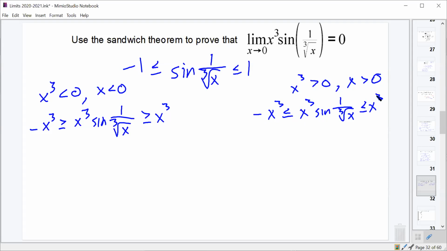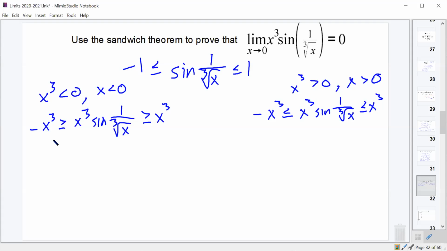Okay. So on this piece over here, can I take the limit as x approaches 0 of negative x cubed? Anybody? Can I take the limit as x approaches 0 of negative x cubed?